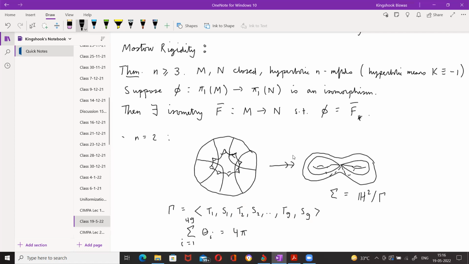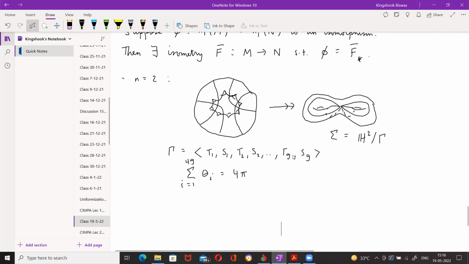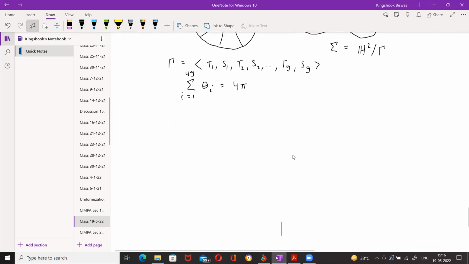So any questions about this? Is the statement clear? Okay. So let me try and sketch for you a proof of this, and then in the remaining time, we'll just try and sketch the proof.